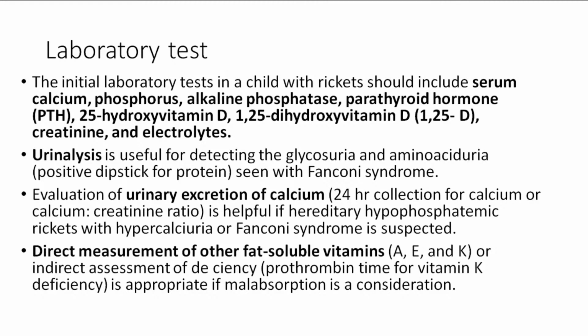Once again: serum calcium, phosphorus, alkaline phosphatase, parathyroid hormone, 25-hydroxyvitamin D, 1,25-hydroxyvitamin D, creatinine, and electrolytes. Urinalysis, glucosuria and aminoaciduria, urinary excretion of calcium, and direct measurement of other fat-soluble vitamins, or just prothrombin time for vitamin K deficiency if you suspect it.